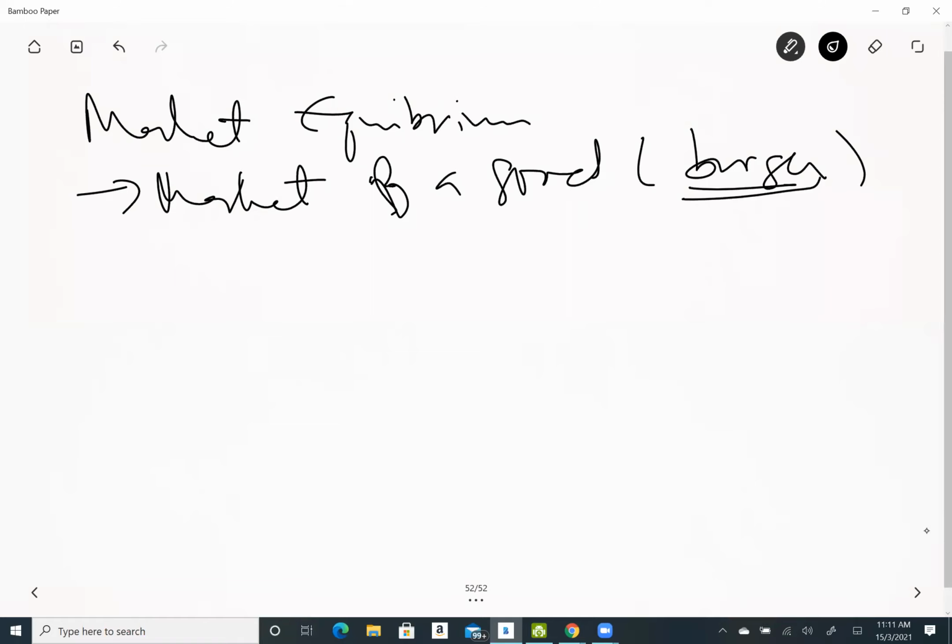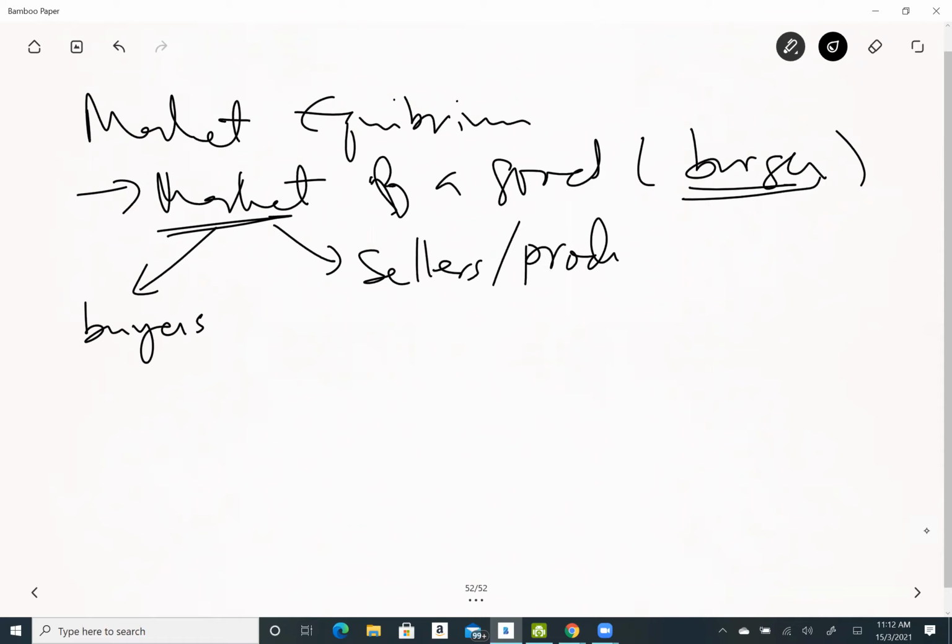When you look at the market, there are two sides to the market. One is the buyers. The other is the sellers. Sometimes they call them producers. Producers, sellers, we assume they are the ones supplying. Buyers, sometimes we call them consumers.